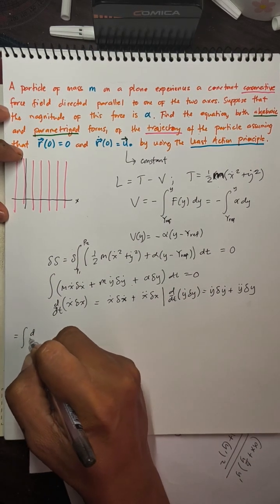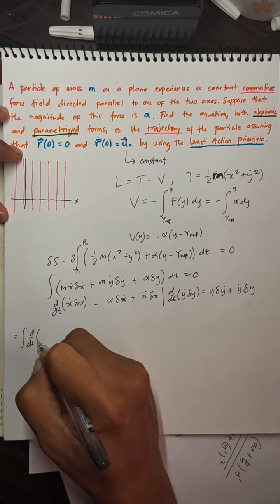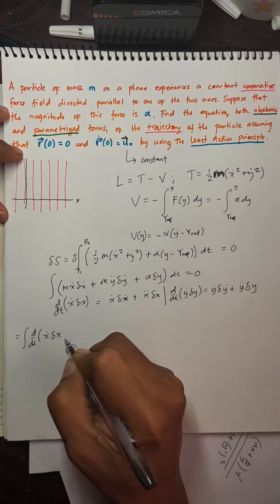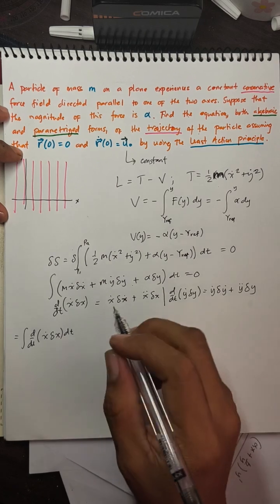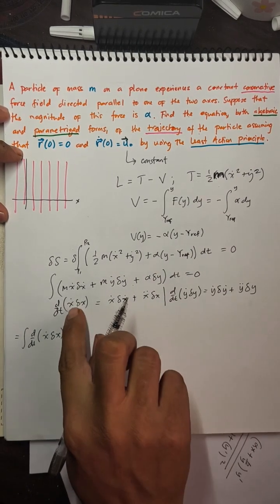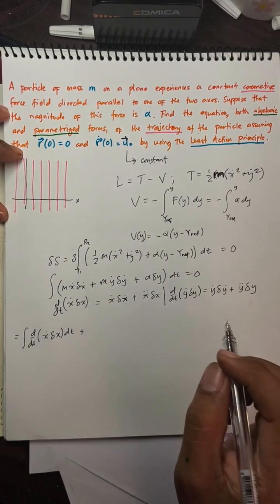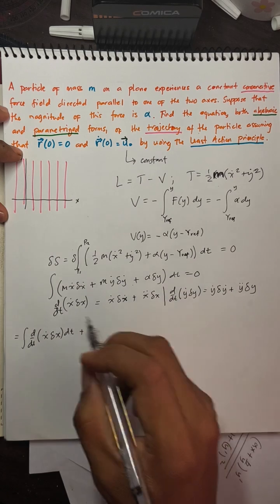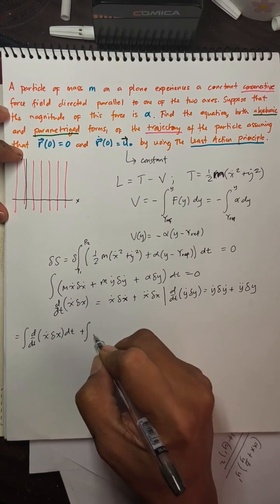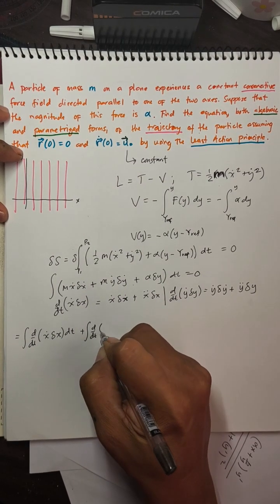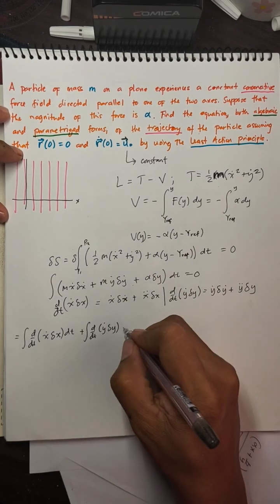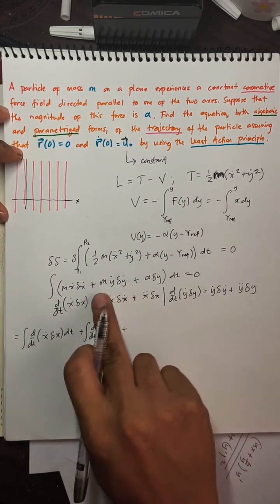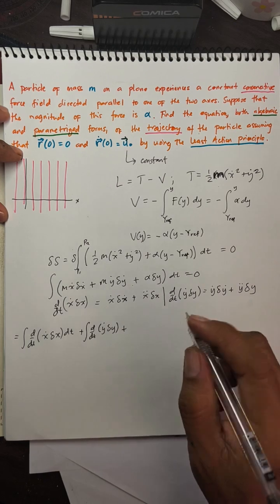My integral now becomes the integral of d over dt of x dot delta x dt, which I separated already, plus the integral of d over dt of y dot delta y, plus the remaining terms here.